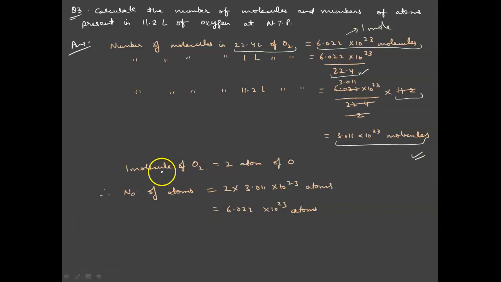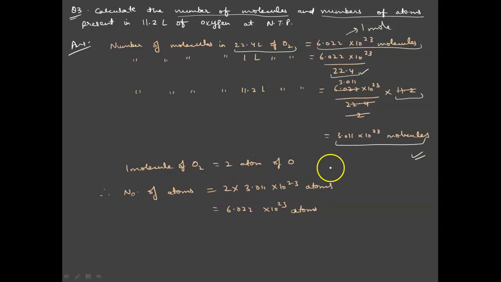Now 1 molecule of O2 equals 2 atoms of O, because it is O2. Now we have to calculate the number of atoms. There are two questions in the question: the number of molecules, and also the number of atoms. So the number of atoms equals twice the number of molecules.